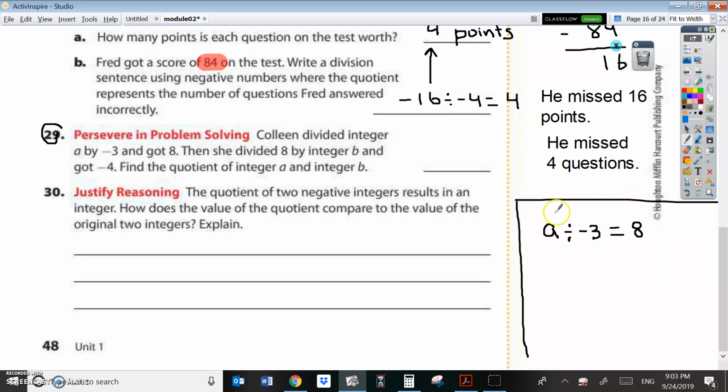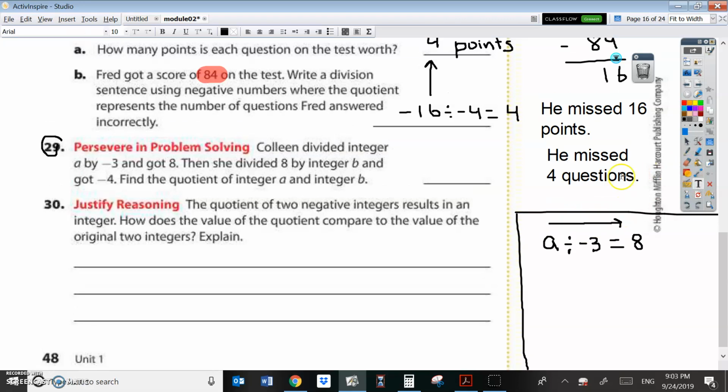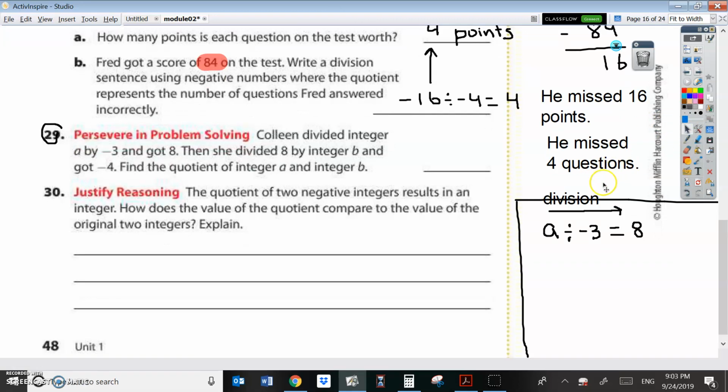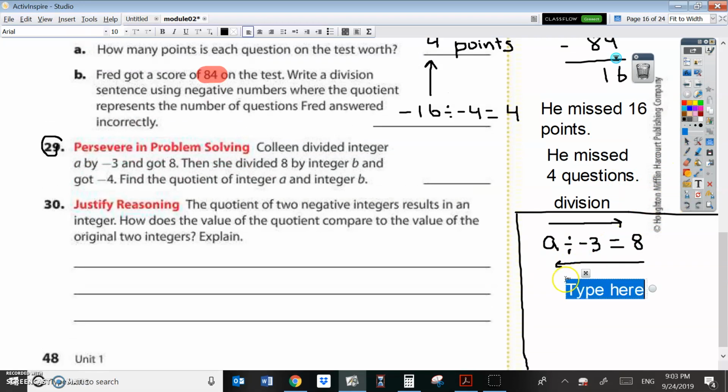Okay, so think. This direction is division, so the other direction must be multiplication, right? If you go this way, then you'll get multiplication.